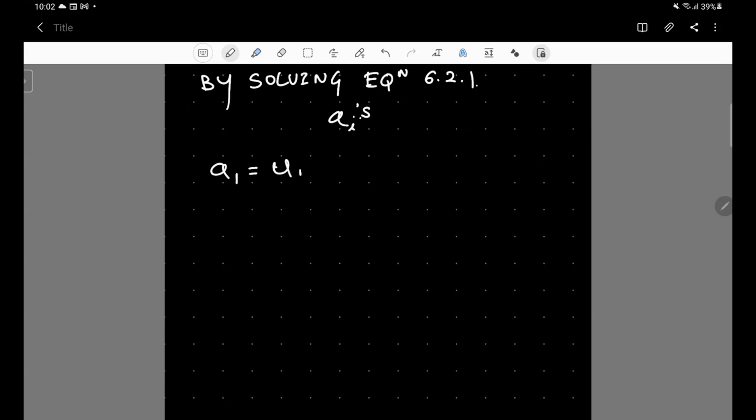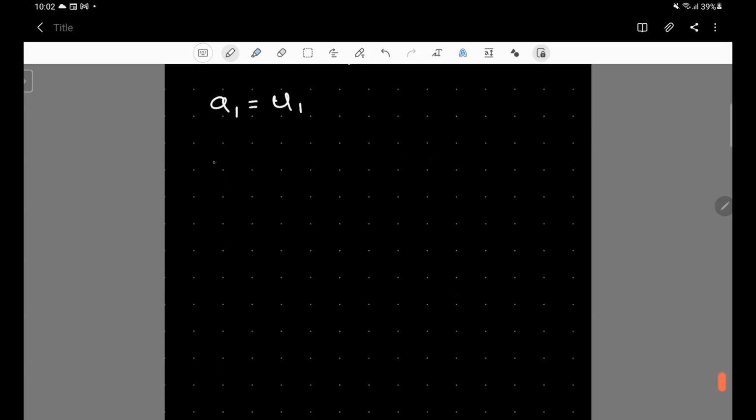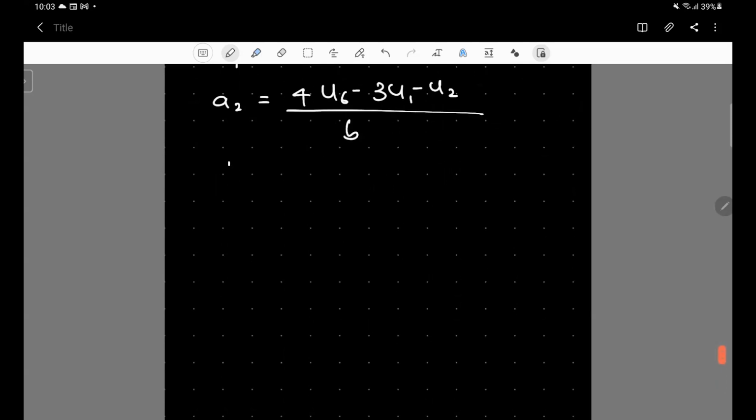a1 would be u1. If you can do it on your own, check whether you get the correct answers. 4 times u6, b. a3 is 4 times u5, 3u1 minus u3, h.